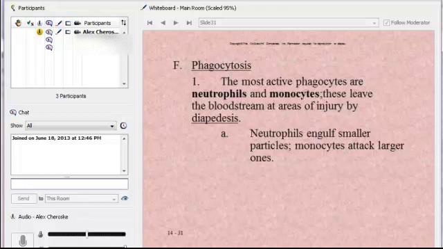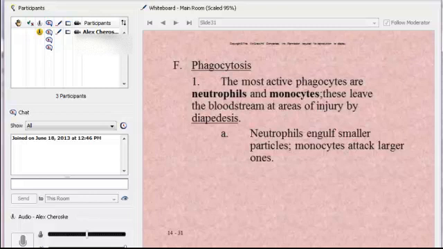And so our neutrophils and our monocytes can actually leave the cardiovascular system. The way that they do that is, in the capillaries or the venules and the very small blood vessels, they will actually squeeze out. If they're coming to the site of infection, usually there are some chemicals that are being released at that site of infection. And those chemicals will draw in some immunologic defenses. It's kind of an alert, if you will.